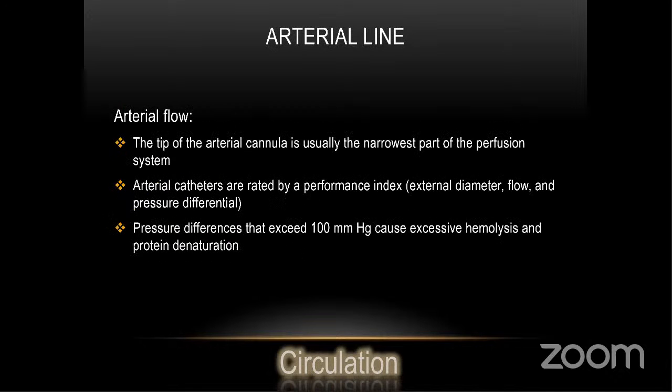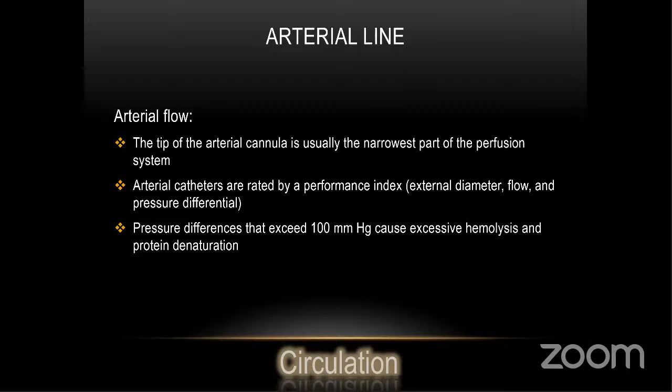Now we'll move to the arterial line, or arterial part, of the cardiopulmonary bypass. The tip of the arterial cannula is usually the narrowest part of the perfusion system, which may provide a high pressure differential and turbulent flow.